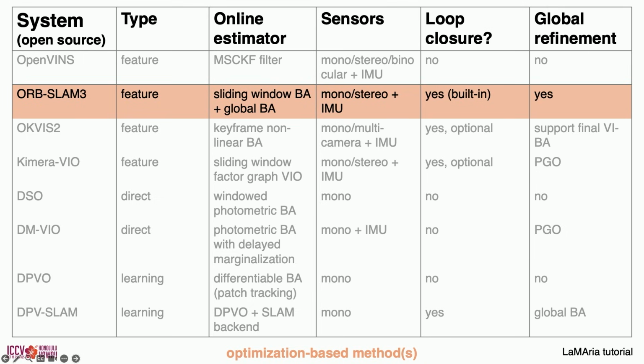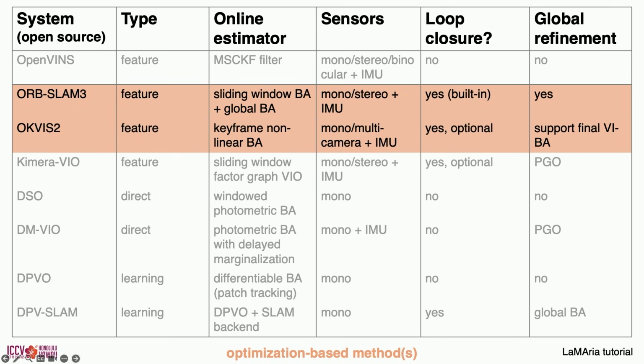However, global VIBA, I think, runs only when the final set of keyframes is small enough. Otherwise, it just runs PGO. It supports mono and stereo, but like I described, we don't benchmark on stereo, so we primarily used ORB-SLAM3 for its monocular and mono-inertial setup.